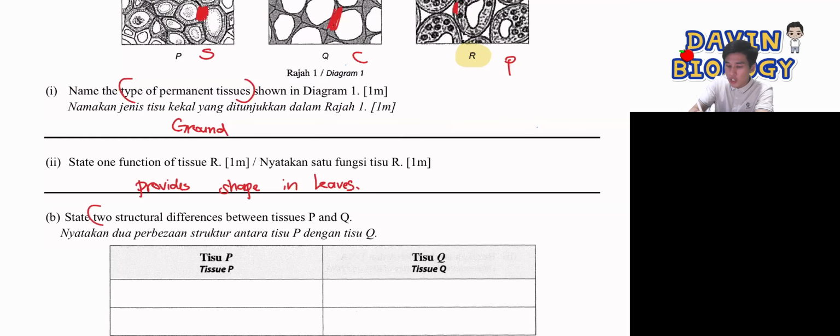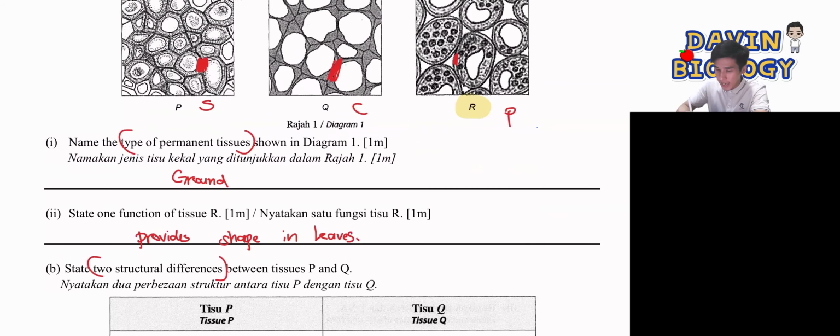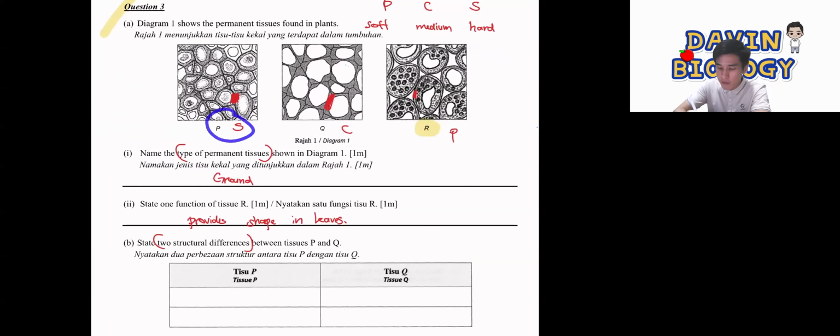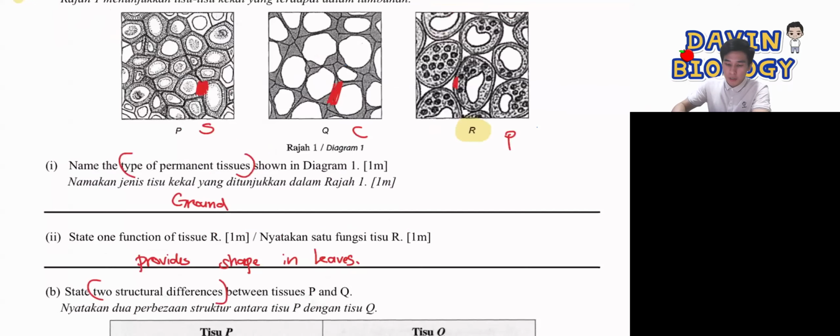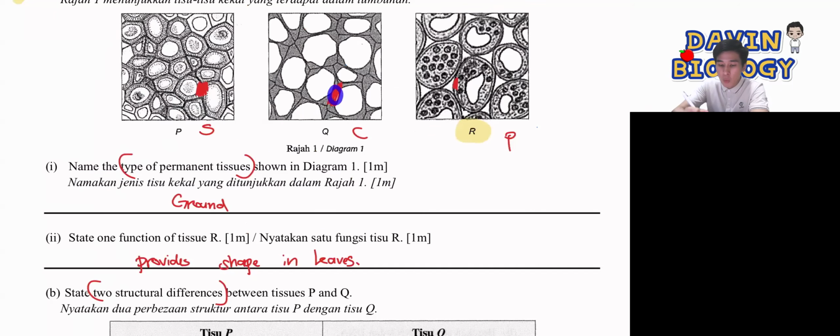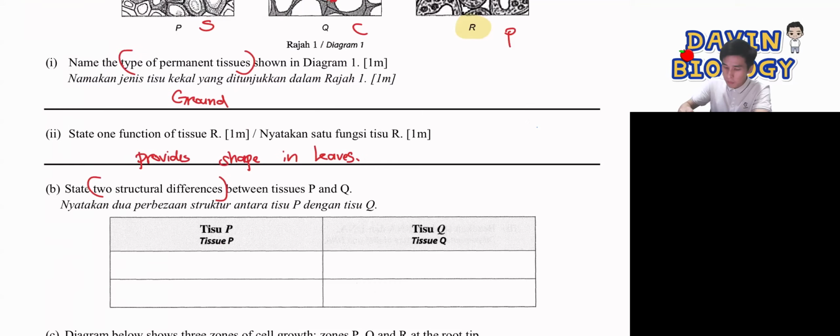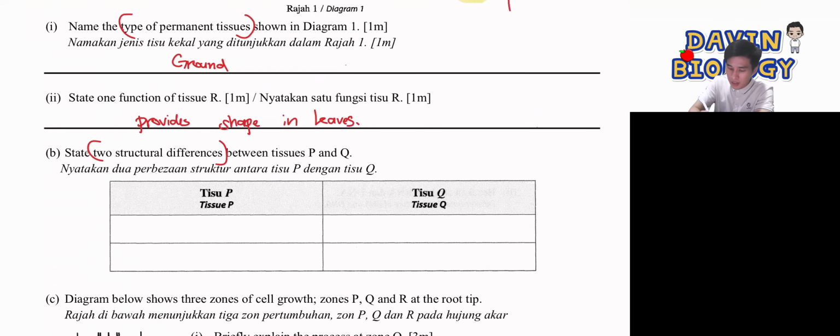Now, two structural differences between P and Q. Sclerenchyma and collenchyma. So you want to compare the hardest one and the medium one. Now, don't write about the size of the cell. That one is not a difference. You can mention the cell wall. So one has thinner cell walls.